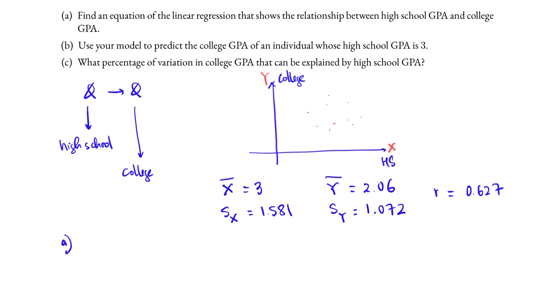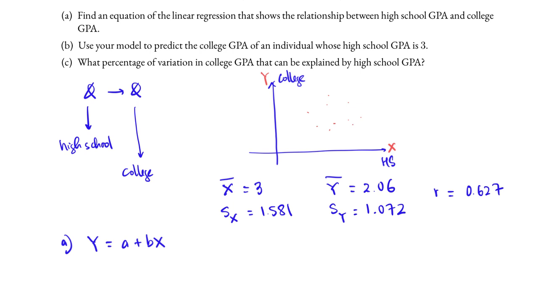Find the equation of the linear regression, which is y equals a plus bx, where x is the independent variable, high school GPA, and y is the dependent variable, college GPA. X and y are the variables. We need to find a and b.